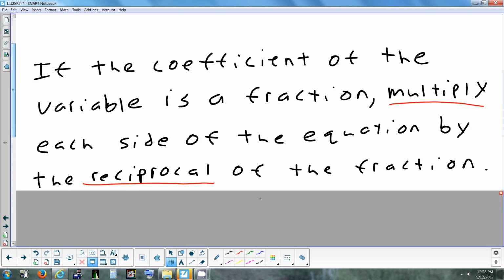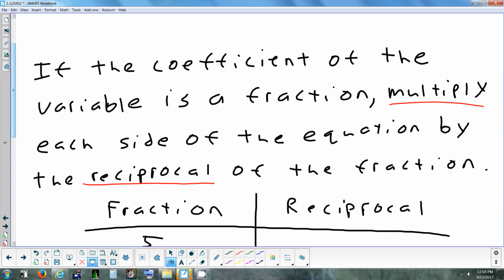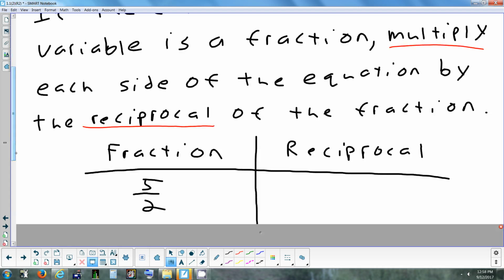Okay, so that's what you want to know. If you have a variable with a fraction in front of it, to get rid of that fraction, multiply each side by the reciprocal.